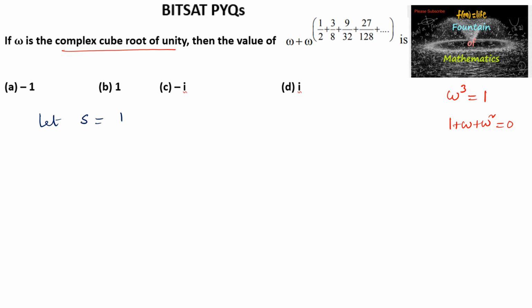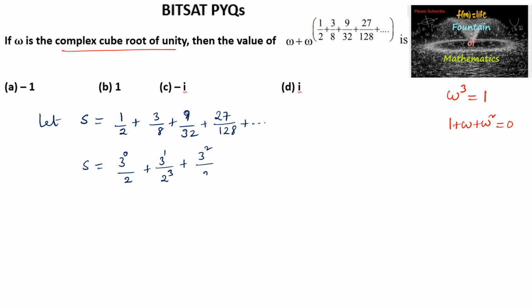Let S is equal to 1 by 2 plus 3 by 8 plus 9 by 32 plus 27 upon 128 plus, and so on. We can also write it as 3 power 0 upon 2 plus 3 power 1 upon 2 power 3, 3 power 2 upon 2 to the power 5, 3 power 3 upon 2 to the power 7, and so on.